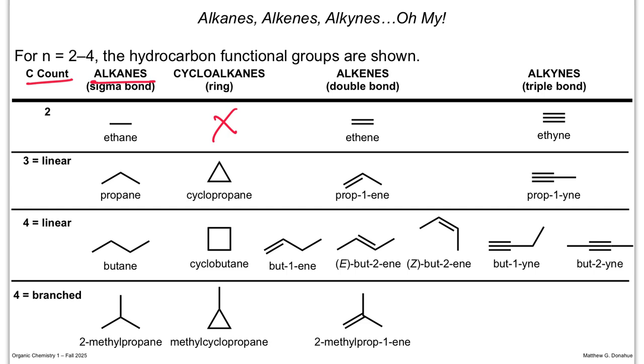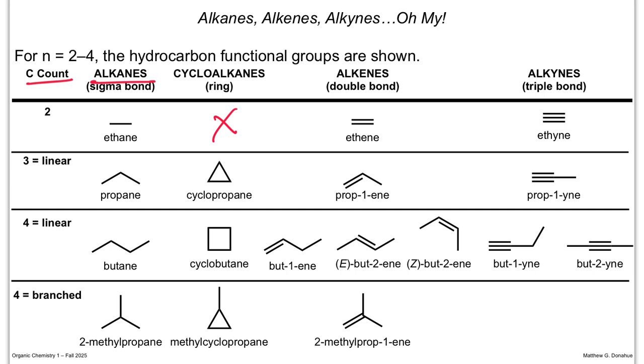For alkenes, we have ethene, prop-1-ene, and then notice here, this is what I was talking about with the carbon 4 count. You can move that double bond internal to the chain. In these, it starts at carbon 2, but notice there are 2 of them. Think about the differences between them.